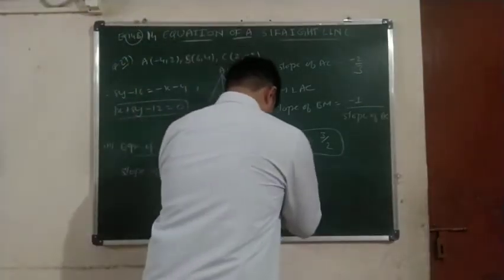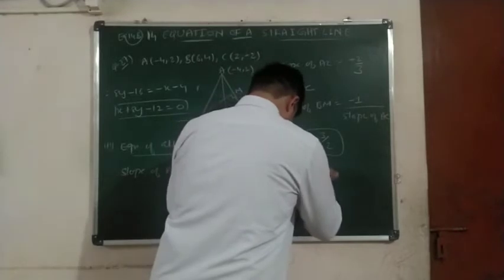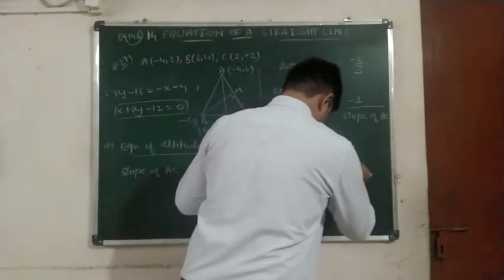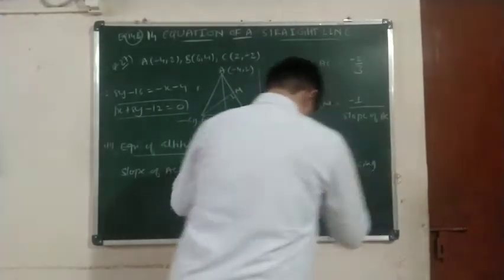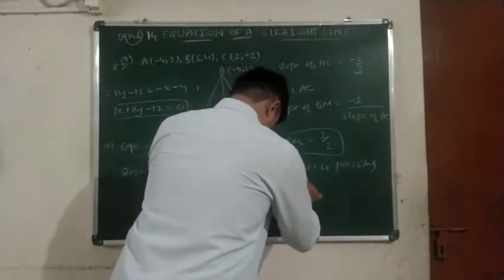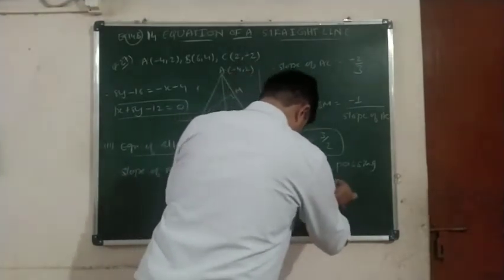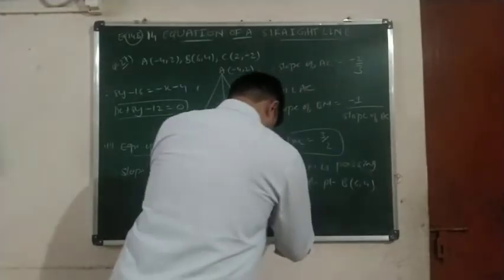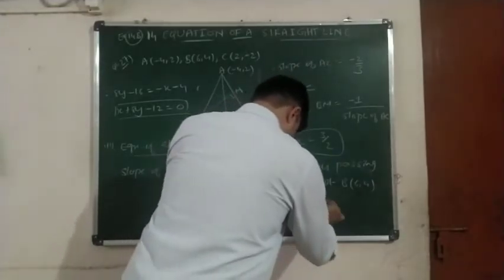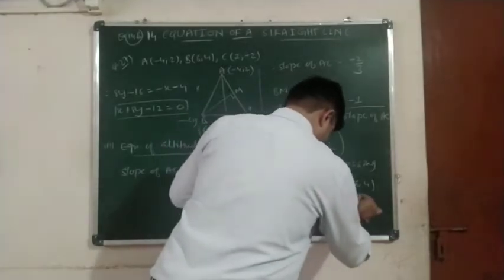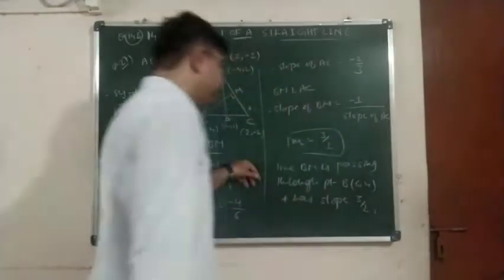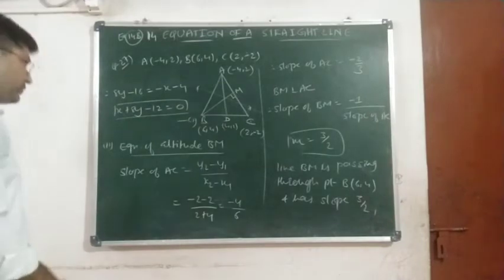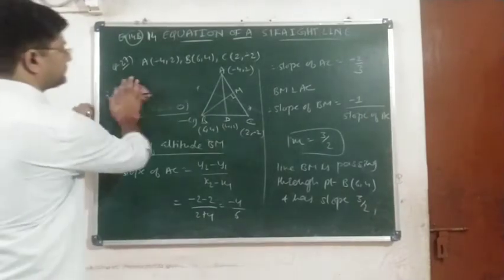Now line BM is passing through point B (6, 4) and has slope 3 upon 2. Okay, and therefore the point slope formula we will use.